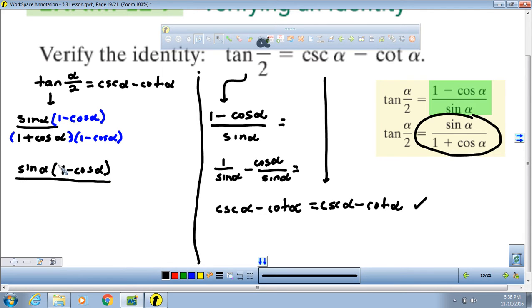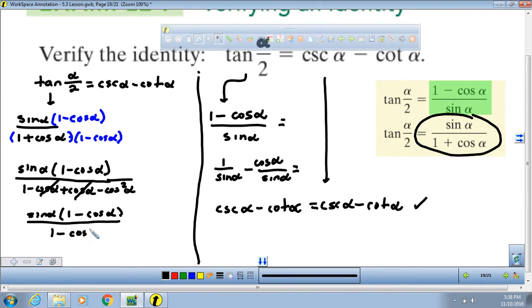So the denominator, if you multiply it, you're going to get 1 minus cosine of alpha plus cosine of alpha, if you FOIL it, minus cosine square of alpha. And the negative cosine of alpha and positive cosine of alpha cancel. So you end up with sine of alpha times 1 minus cosine of alpha over 1 minus cosine square of alpha.